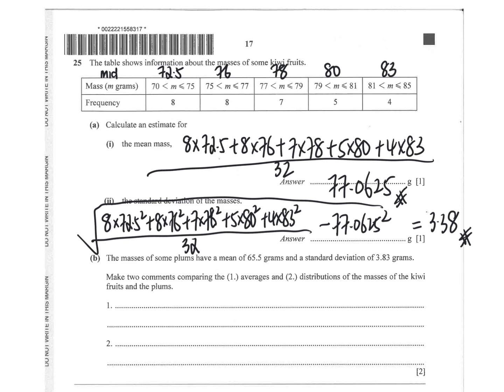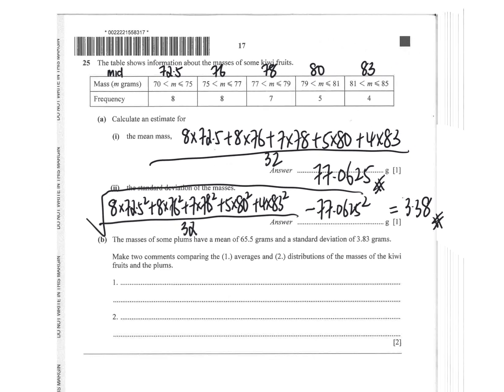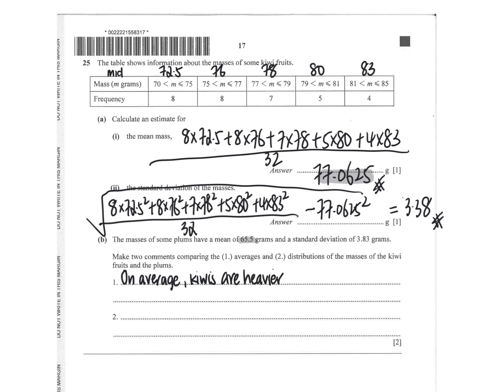Okay, how do you compare between the two? If you look at the mean, this is 77.0625 versus this. So you can tell me that on average, kiwi weighs more, are heavier. So you cannot just tell me it's heavier, you must give me evidence.